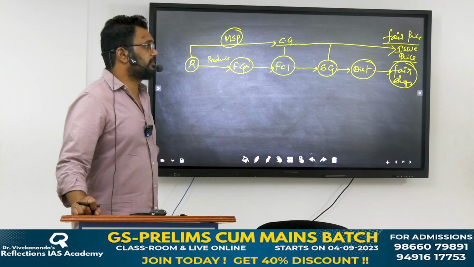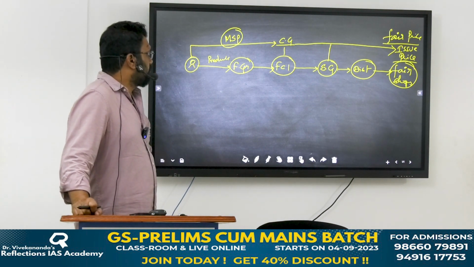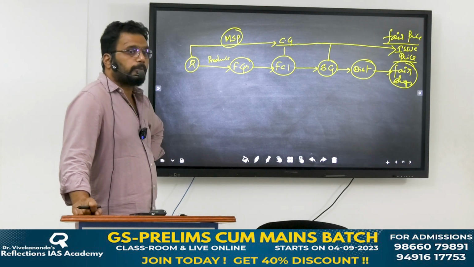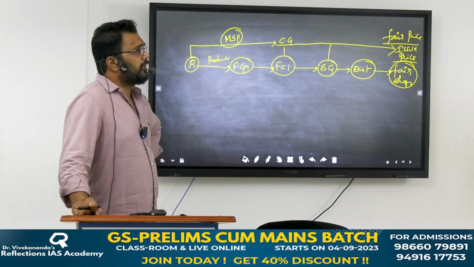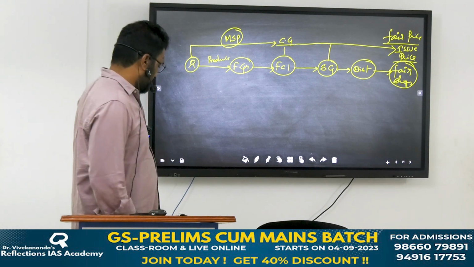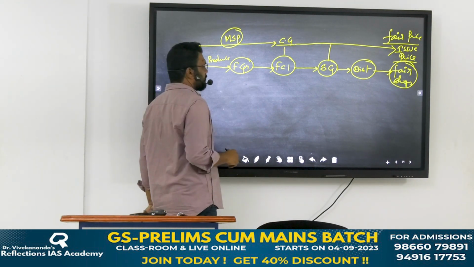Fair price and issue price are those prices where the goods which the farmers produce will be procured by the government and delivered to the consumers like BPL families at very subsidized prices. They buy in quintals but they give it in kgs.